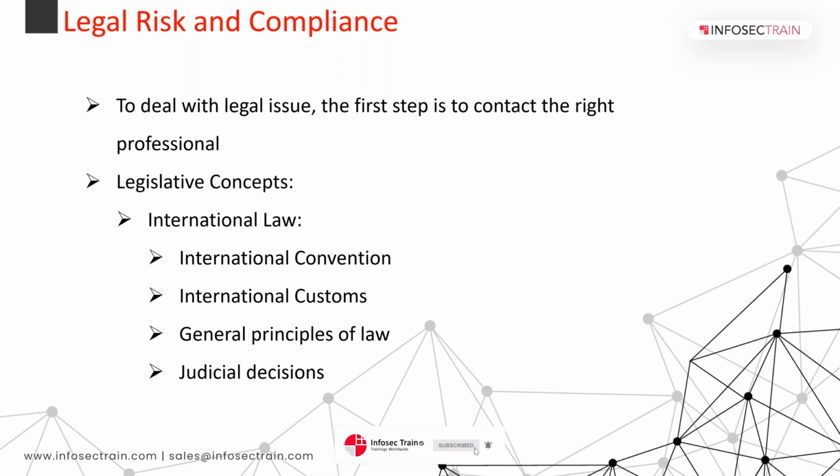So what are the legislative concepts or international laws which should be known? Take an example from a data protection perspective: the United States does not have a national law for data protection. All 50 states of the US have their own different laws. So if you are dealing with anything in the US, you might have to go through the various laws of the states where you are dealing.